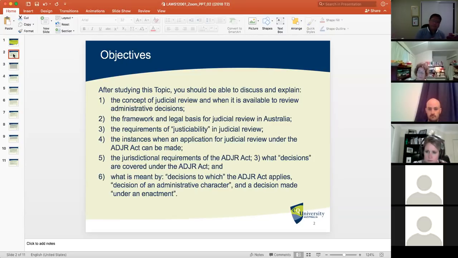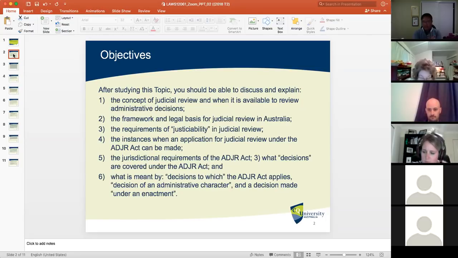Now, having said that, the other thing we need to point out, and I think I mentioned this earlier, is that even assuming that a decision is not subject to judicial review under the Administrative Decisions Judicial Review Act, mainly perhaps because the decision was not made under an enactment. So let me repeat. Assuming you have an administrative decision, okay?